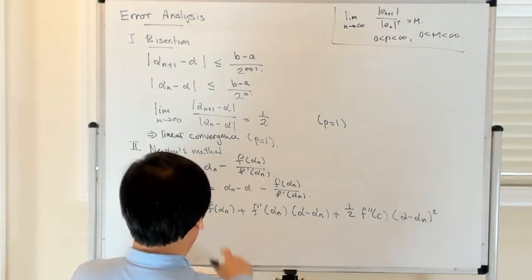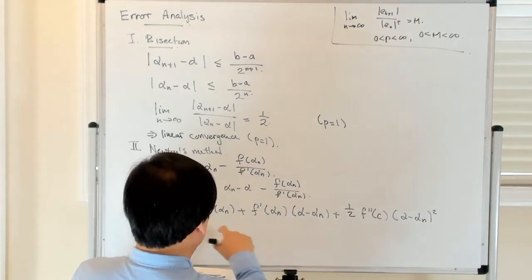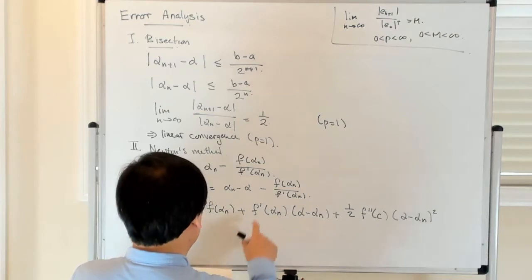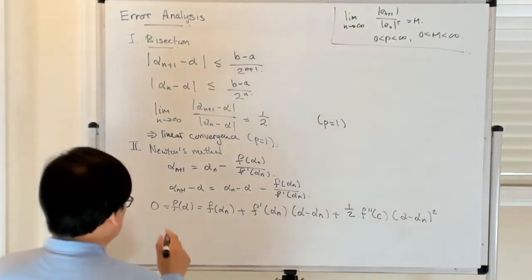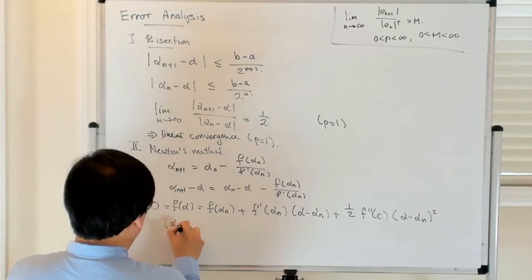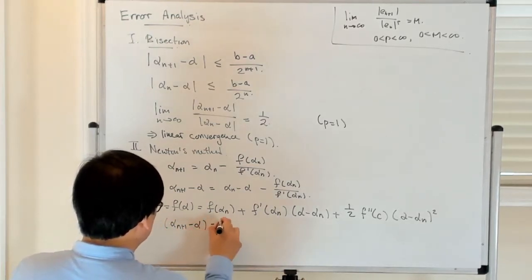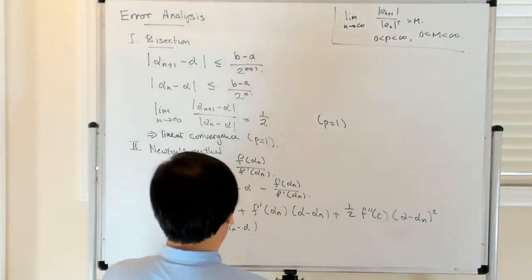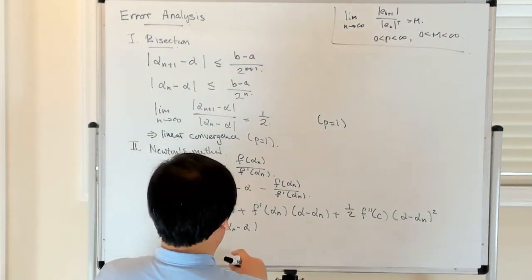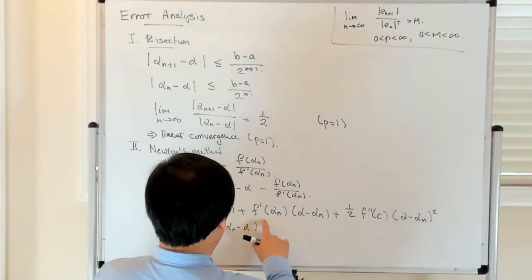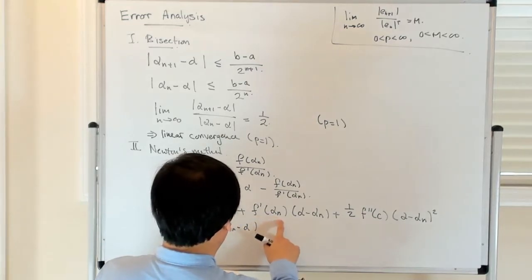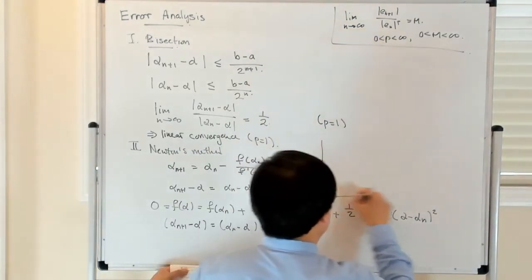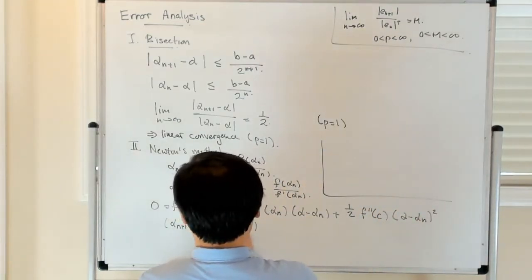Okay, so with that, I can substitute it into this expression. So this gives me that alpha n plus 1 minus alpha is equal to alpha n minus alpha. Maybe I will have an aside here, right? So 0 is equal to this.